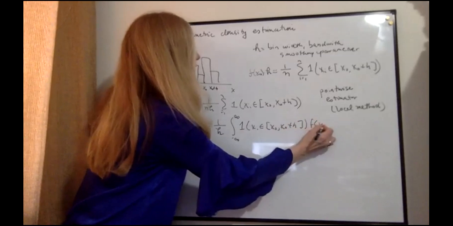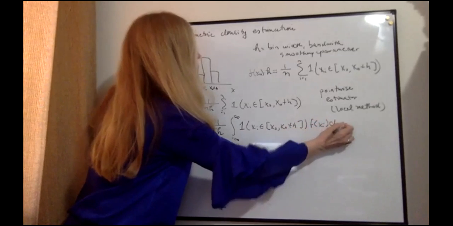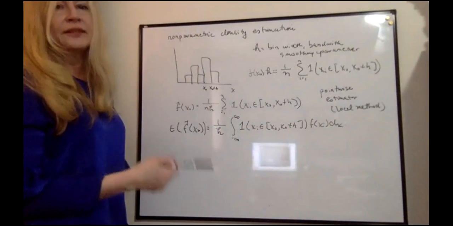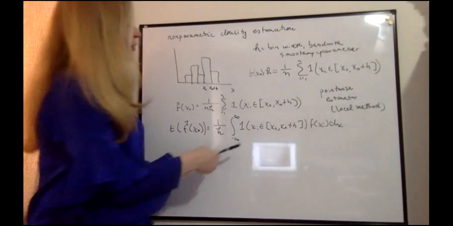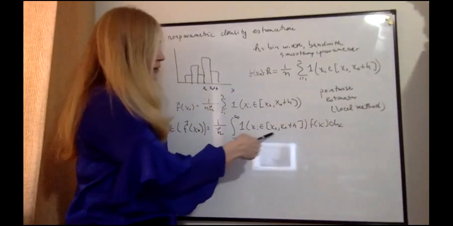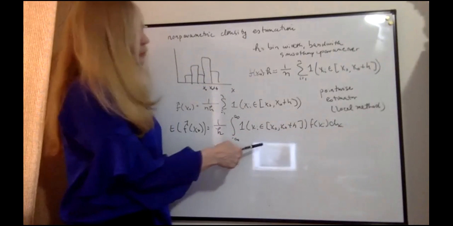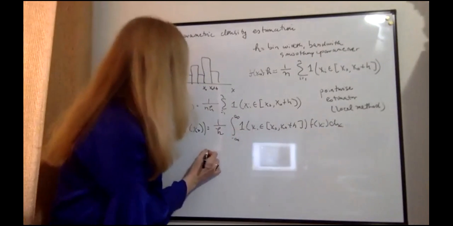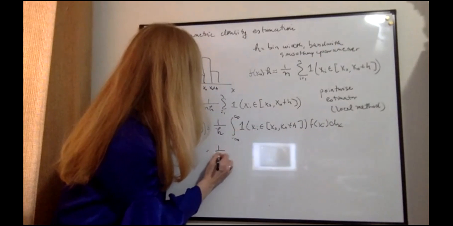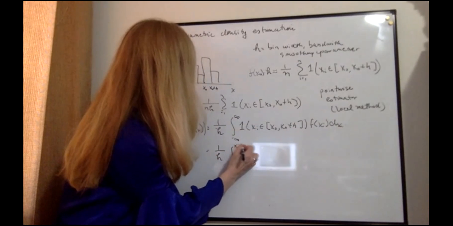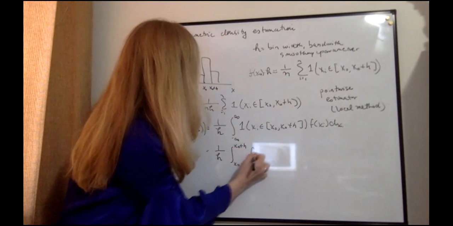Okay, so this is just writing out the definition of what is the expectation. Now, an integral is just summing things up, and we can see here that this is only 1 if x is in this interval. All right, so we can just write it so that the limits of integration are x naught and x naught plus h here, okay?